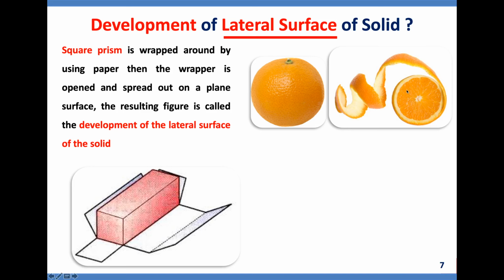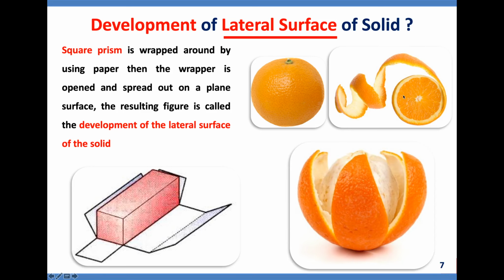Inside fruit is there. Know the difference? Solid inside where I pointed my cursor. Outside, lateral surface of the fruit. If you bring back the solid of a square prism, inside this is a solid prism, outside lateral surface of square prism.